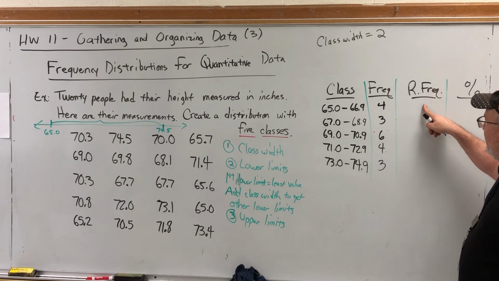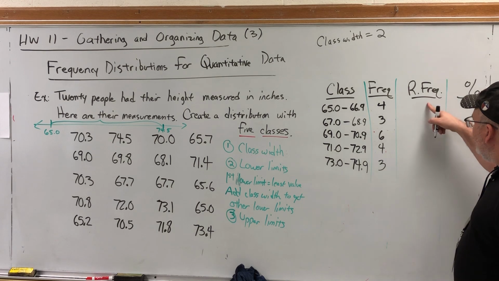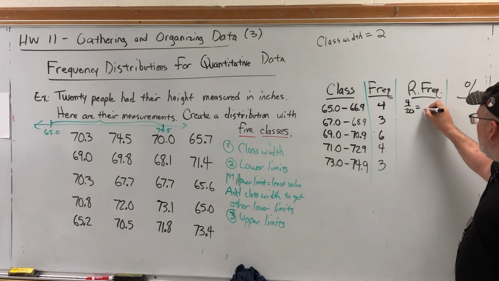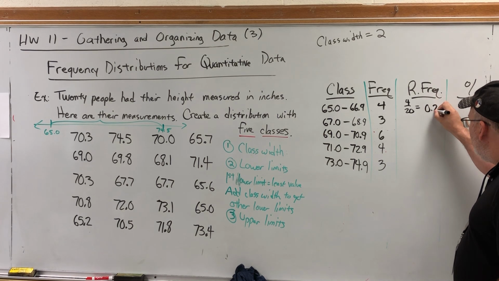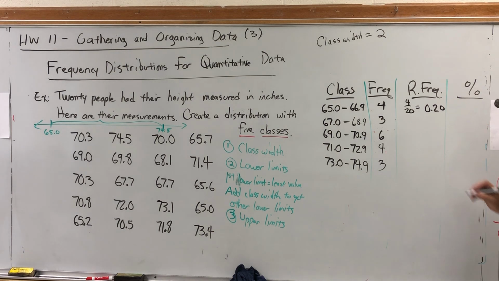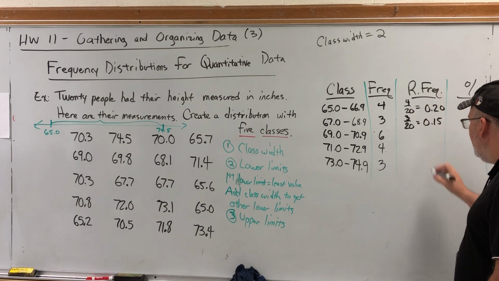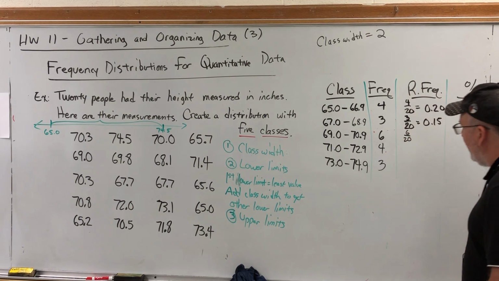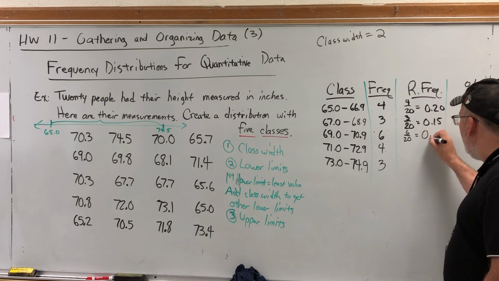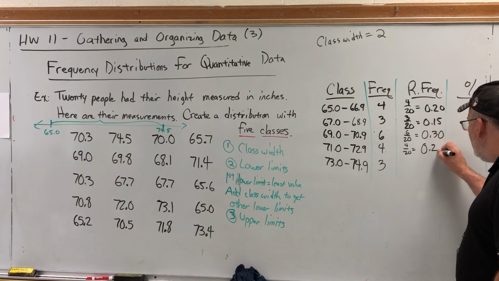Again, this is just like a qualitative frequency distribution from this point. The relative frequency, you divide the frequency by the number of data points. There were 20 people, so for each of these relative frequencies, we'll just divide the frequency by 20. 4 divided by 20 is exactly 0.2. 3 divided by 20 is 0.15. 6 divided by 20, my apologies, I should have made these rows deeper. 6 divided by 20 is exactly 0.30. 4 divided by 20 is exactly 0.20.